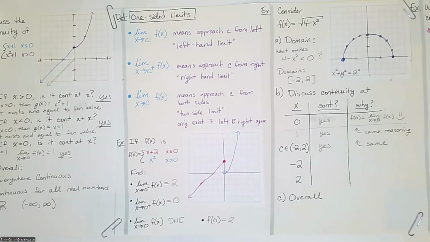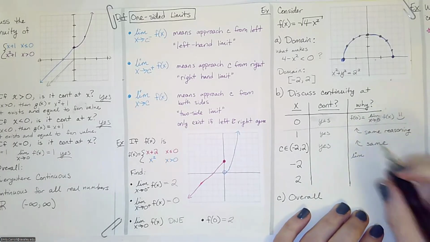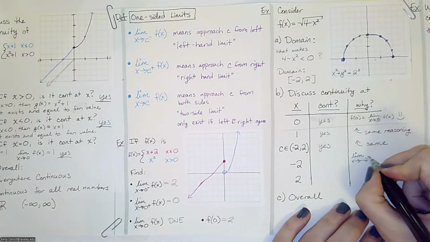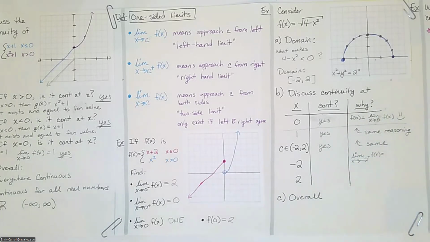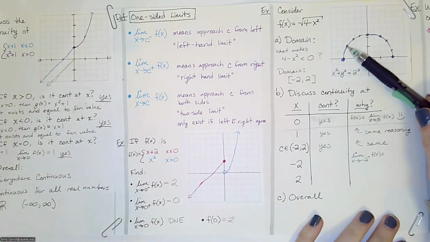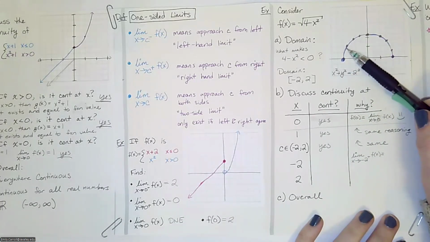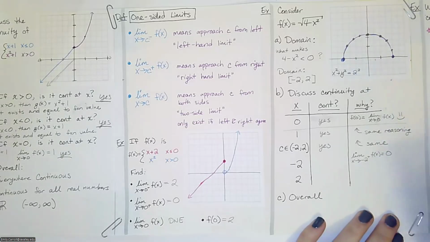What about at -2 itself? Let's check all the limits. Limit as x approaches -2 from the right of f of x. Well, as we approach from the right, the function value wants to go to 0. As I slide in here from the right, the y value is getting to 0 and it's staying there. Okay, that's fine.